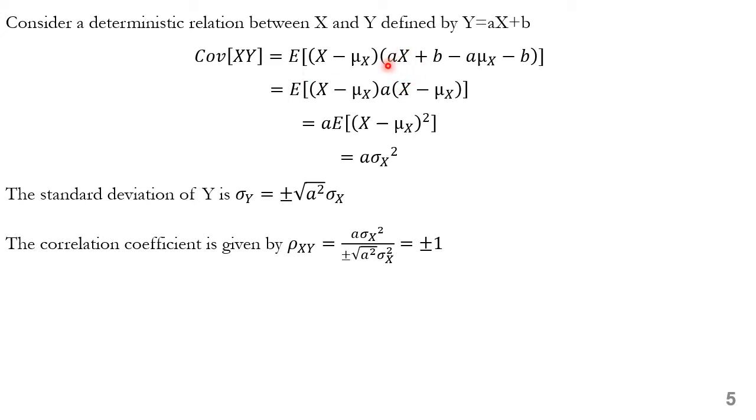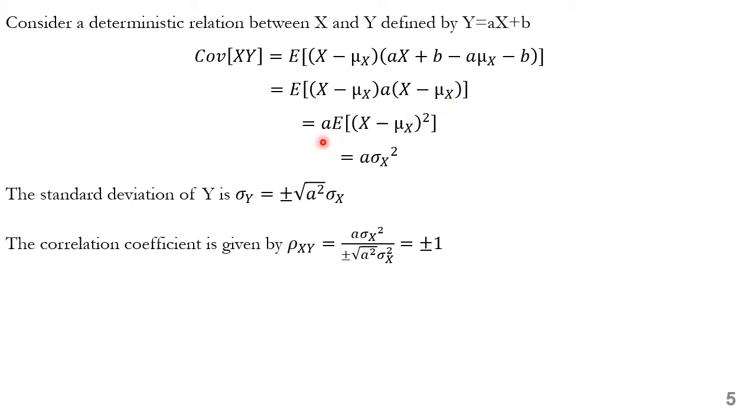Here y is given by ax plus b and mu y is given by a mu x plus b. So that will give us the term minus a mu x minus b. When we further simplify this, we get expectation of x minus mu x, times a x minus a mu x plus b minus b, where b and b get cancelled out. A is a common factor here, times x minus mu x.